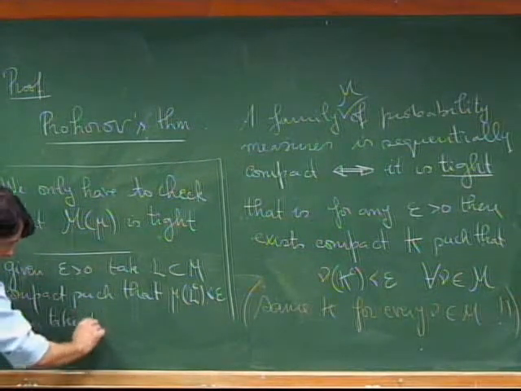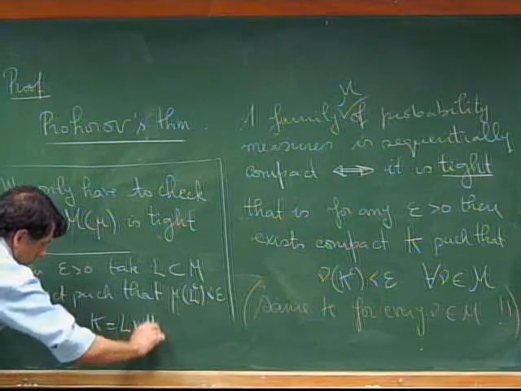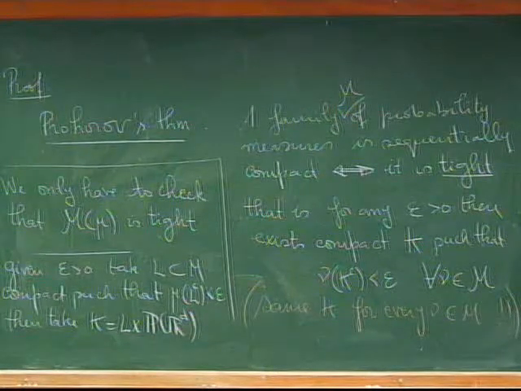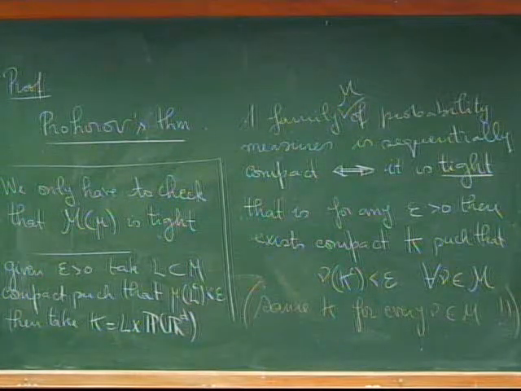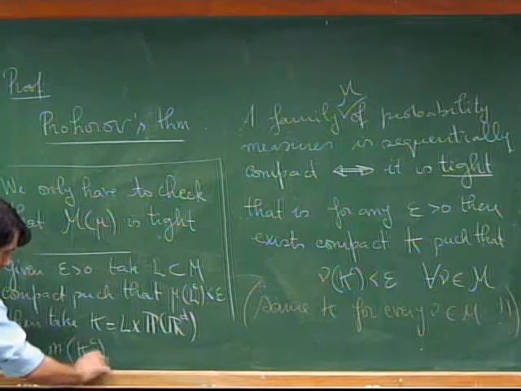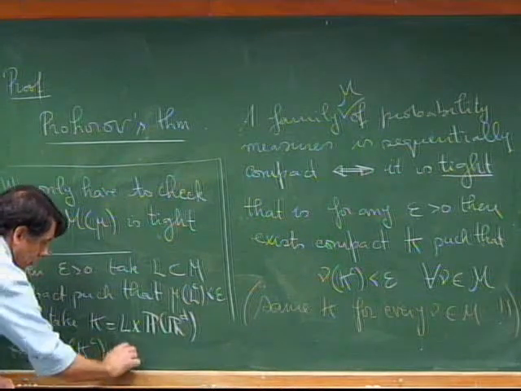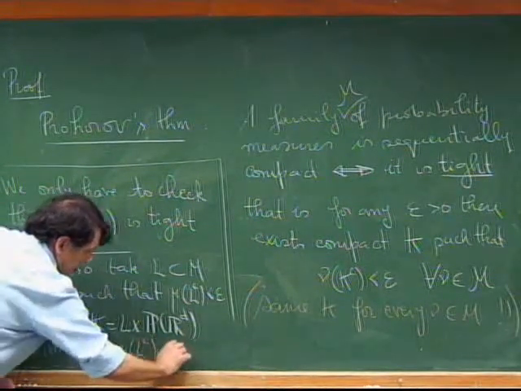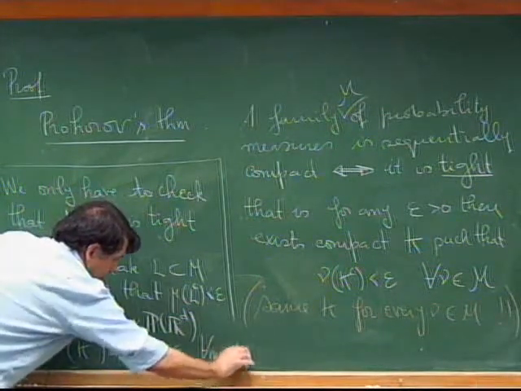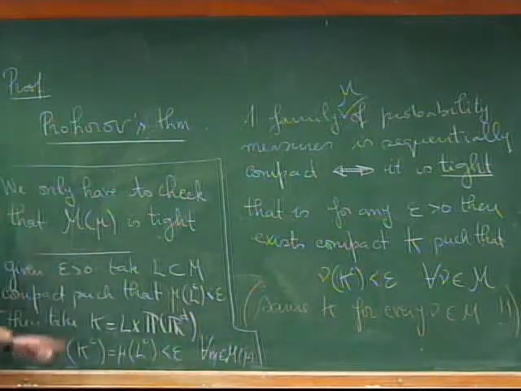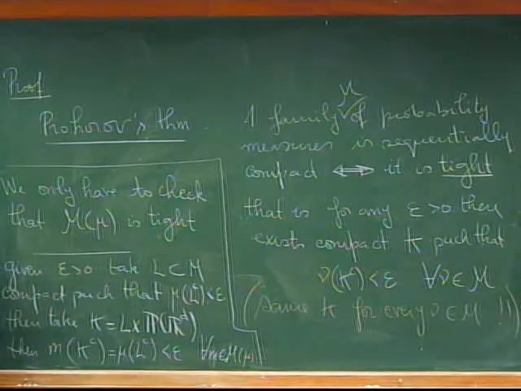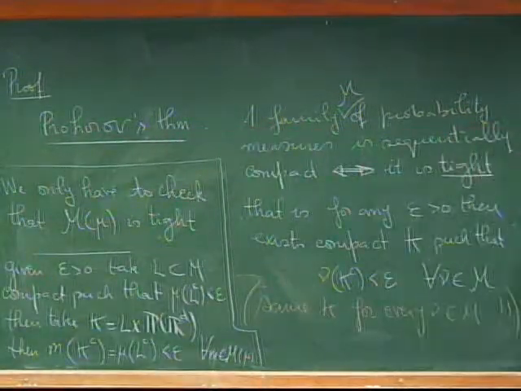Then take K equals L cross PRD. Right? Then M of K complement is equal to mu of L complement, which is less than epsilon, for every M in M of mu. That is, this compact set is good for all of the measures in M of mu. So tightness is proven.